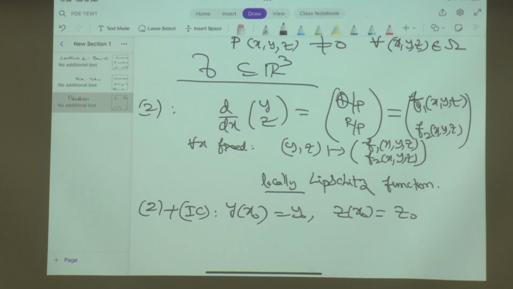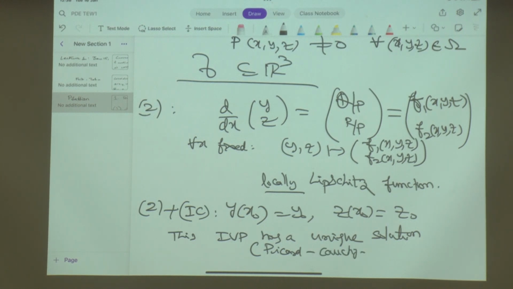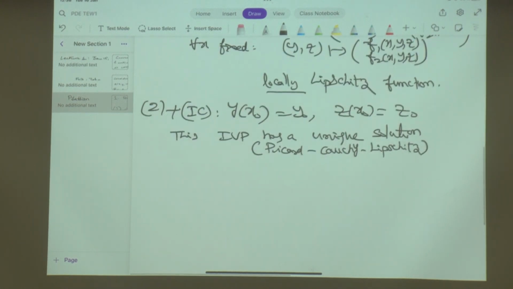So now this initial value problem has a unique solution by Picard's theorem. Picard, there are various names, Cauchy, Lipschitz. Under various hypotheses, they have proved this uniqueness and existence. So it has a unique solution.